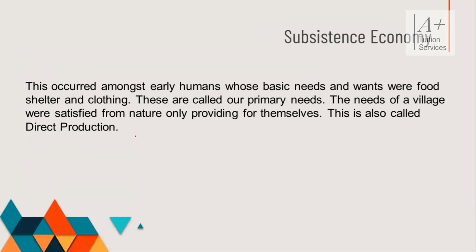This is also called direct production, because we produce for ourselves directly. In a subsistence economy, people would plant crops for food and breed animals for food, and they would provide for the niche or pocket in which they live.